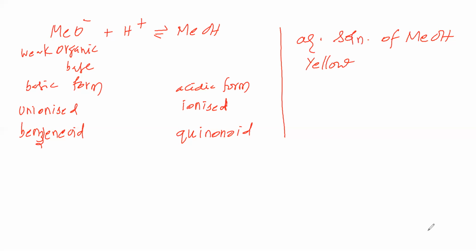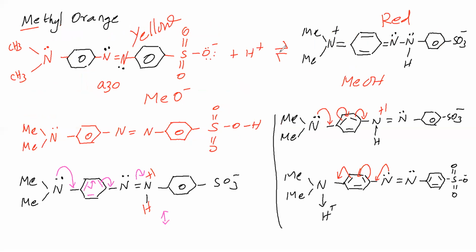That means in this equilibrium, which is dominating? Methyl orange and water should be there. So in the aqueous solution of methyl orange, so and so equilibrium is there, and that solution is appearing yellow color. That means out of these two species, which species is dominating?